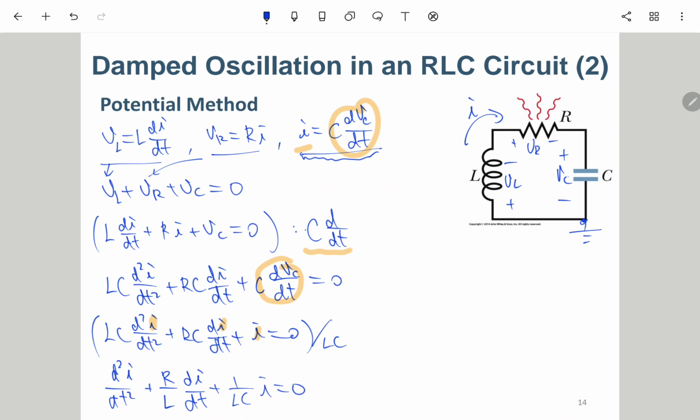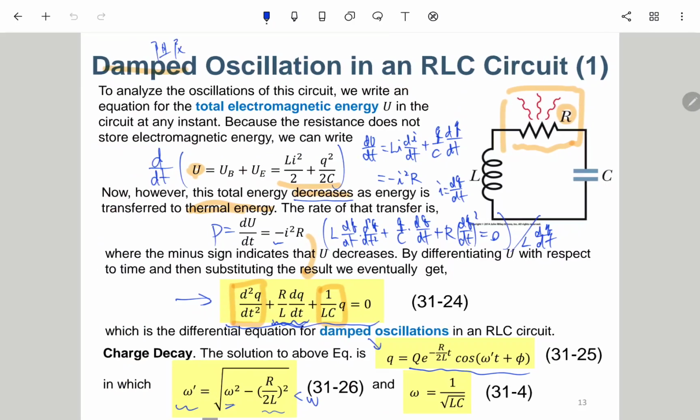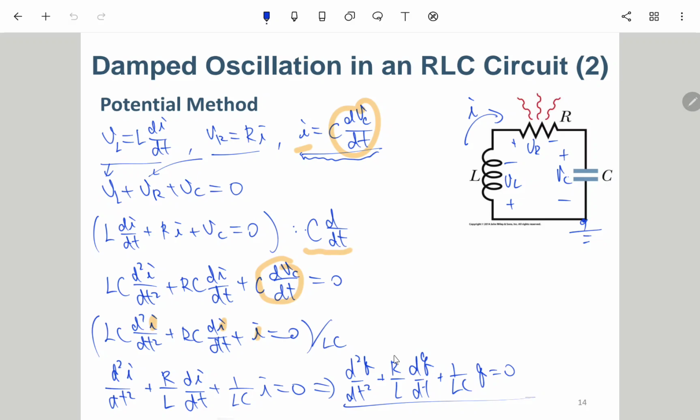You may say that the variable is Q, so as I mentioned, you can just change I to Q, so you also have d2Q dt2 plus R over L dQ dt, plus 1 over LC Q equals 0. This is actually the same as the earlier one: R over L, 1 over LC, second derivative, first derivative, original function.